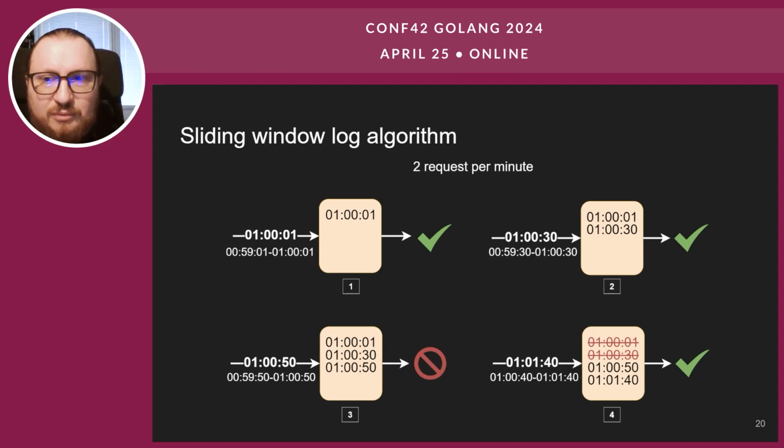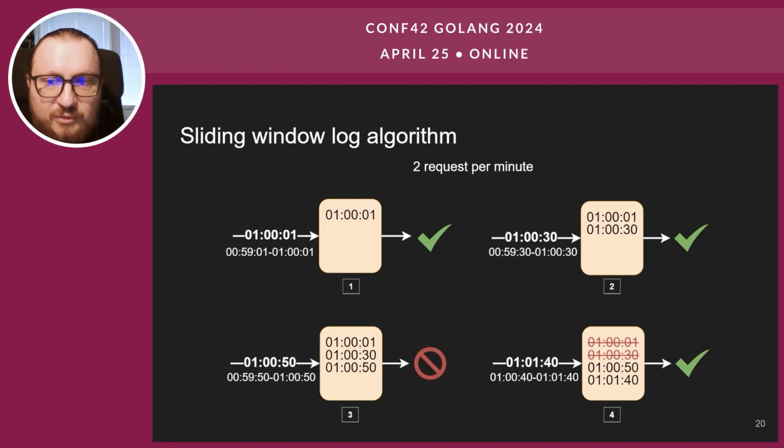Then the second request comes, and its timestamp is saved to the log as well. Now there are 2 requests in the log. All of them fall within the current window, so the number of requests is equal to the limit and the request can be processed.